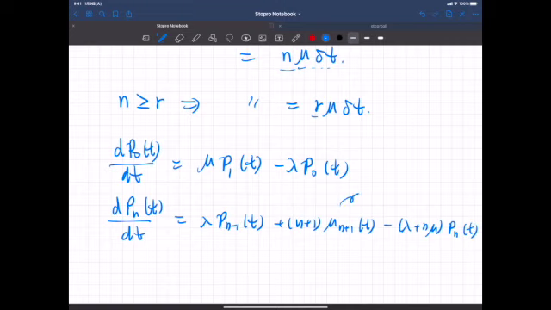So this is the case where n is between 1 and r, less than r.